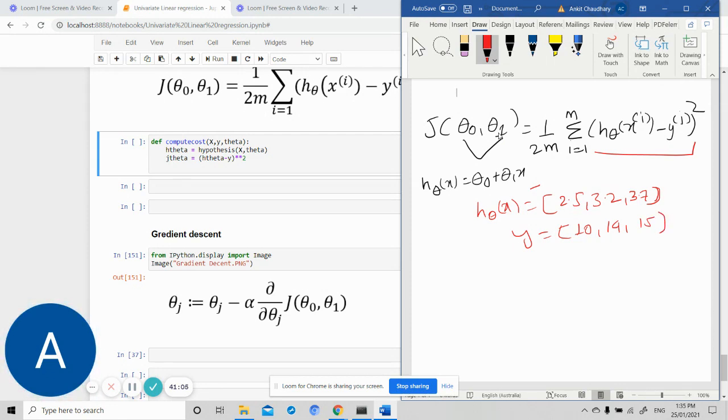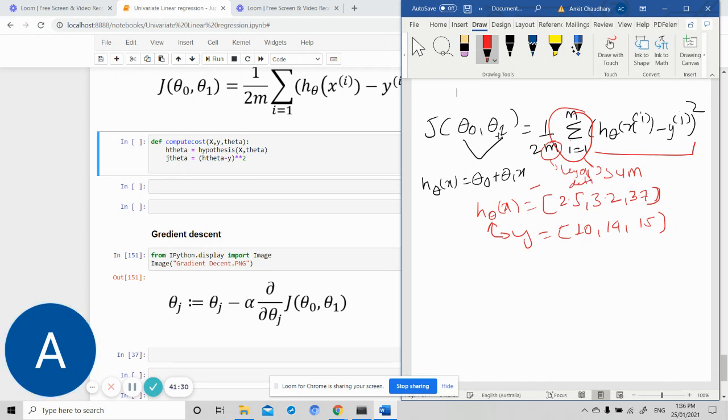Now we need to subtract this and this, so this minus this, then we need to take the sum. So right now we subtracted this, then we will take the sum, and then we will divide by m, which is our total length of data.